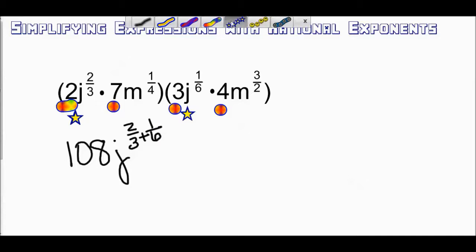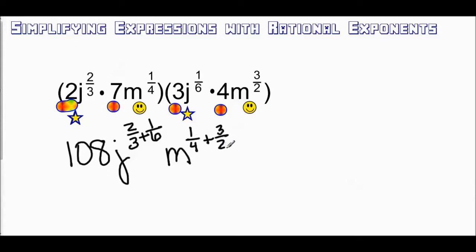And then I have the m terms to deal with. Let's do smiley faces for the m's. I have an m there and an m there. So that's going to be m to the 1/4 plus the 3/2.